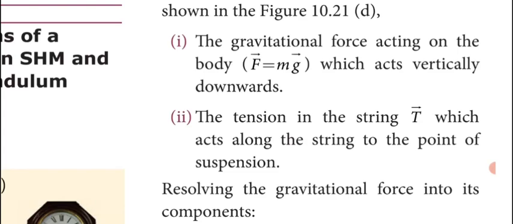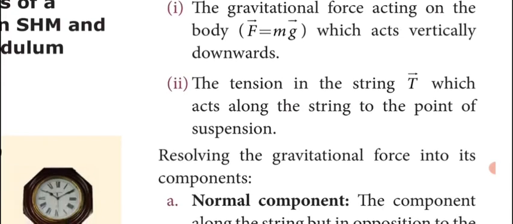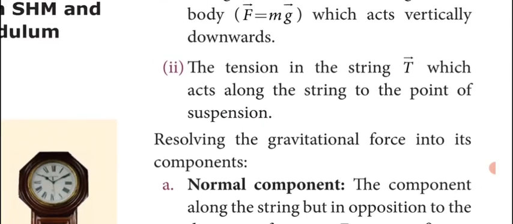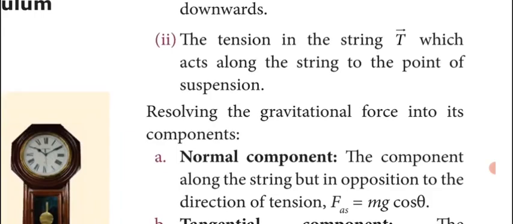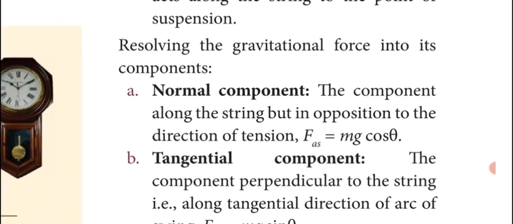We know the gravitational force F is equal to mg. The next one is the tension of the string, which acts along the string towards the point of suspension, taken as T. For resolving the gravitational force, there are two components.